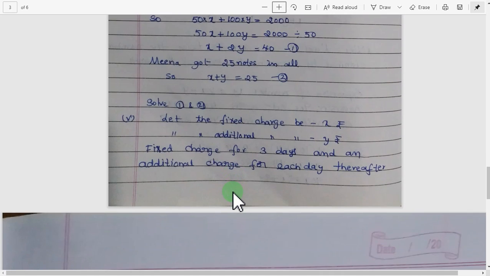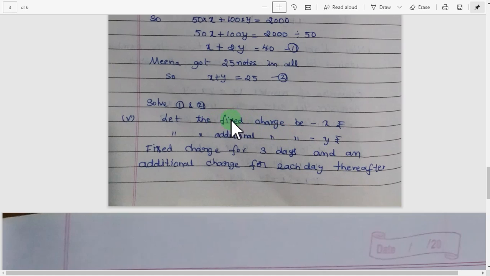So next, last question. Read the question: in the library there is a fixed charge for 3 days, and after that if you keep the borrowed book for 7 days or 10 days, additional charges will be there. You have to find out the fixed charge and the additional charge.